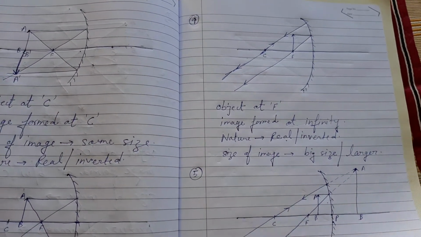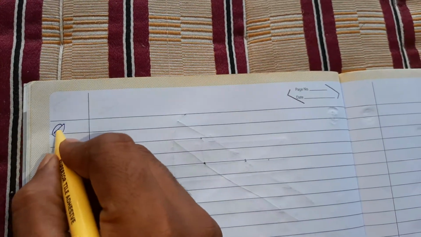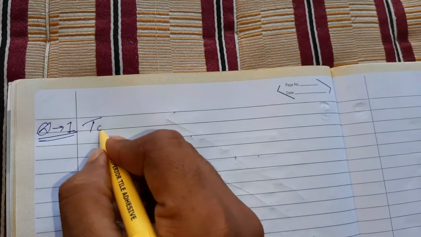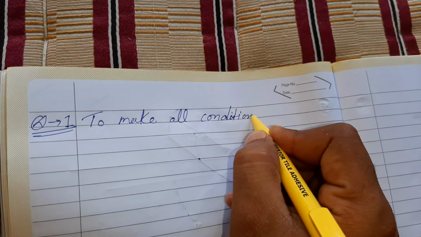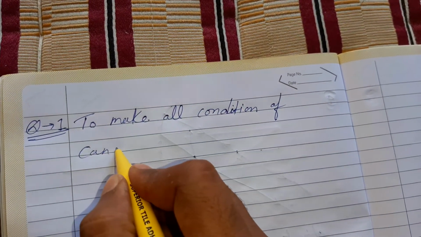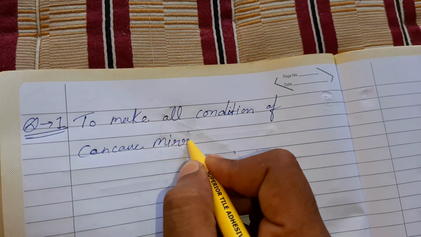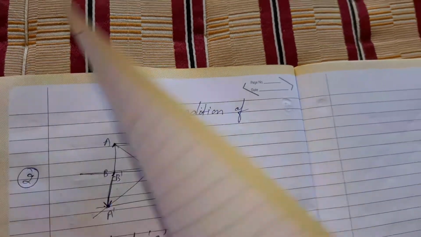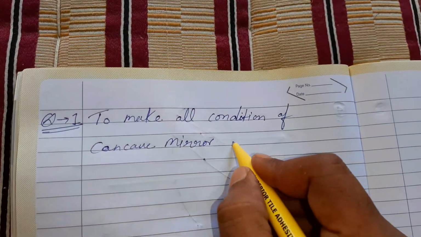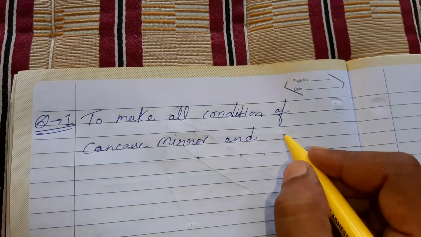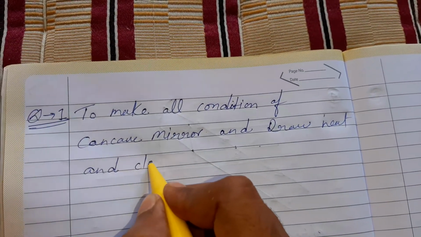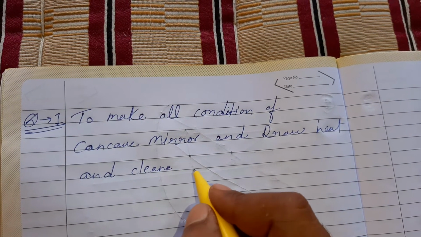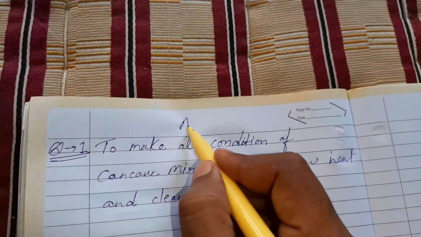Today's assignment, I will write here: question 1, only question 1, to make all conditions of the concave mirror, and draw them neat and clean. So this is today's assignment.